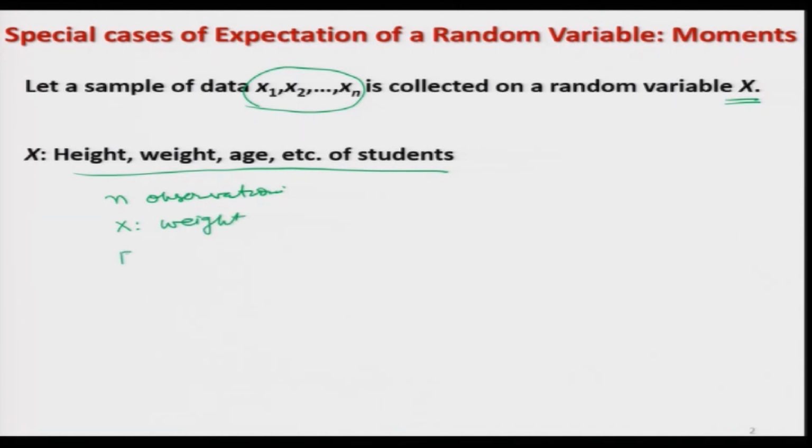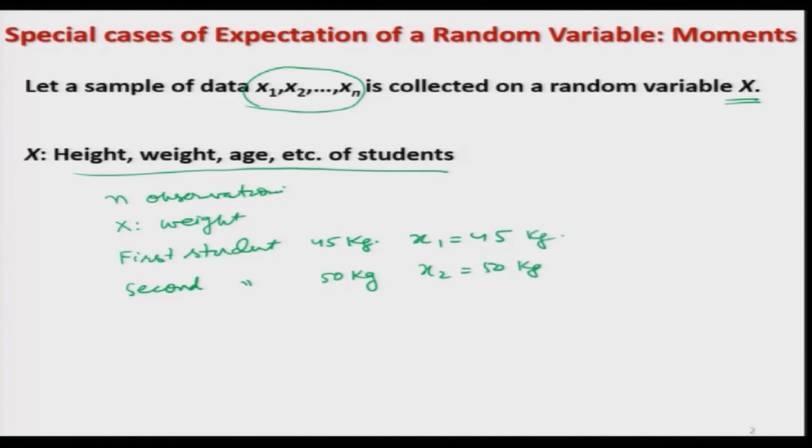I take the first student and find the weight, and suppose it comes out to be 45 kilograms. So x1 is equal to 45. Similarly, if I take the second student and the weight comes out to be 50 kg, then x2 is 50 kg, and so on, you can get n such values.